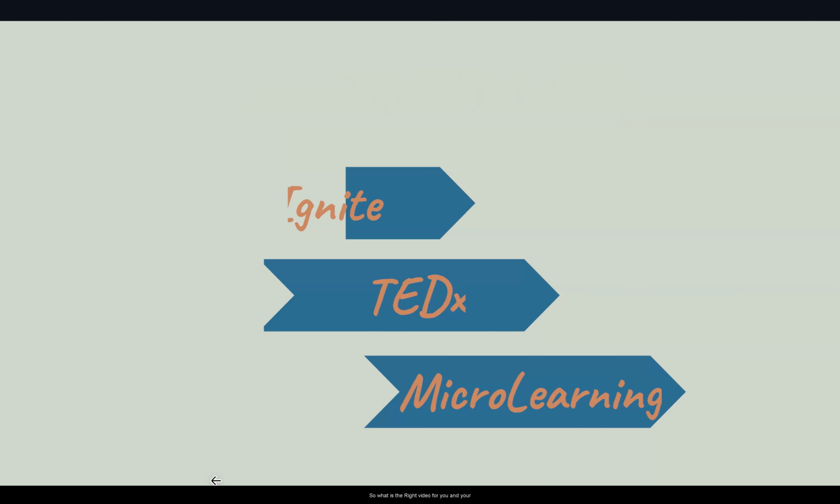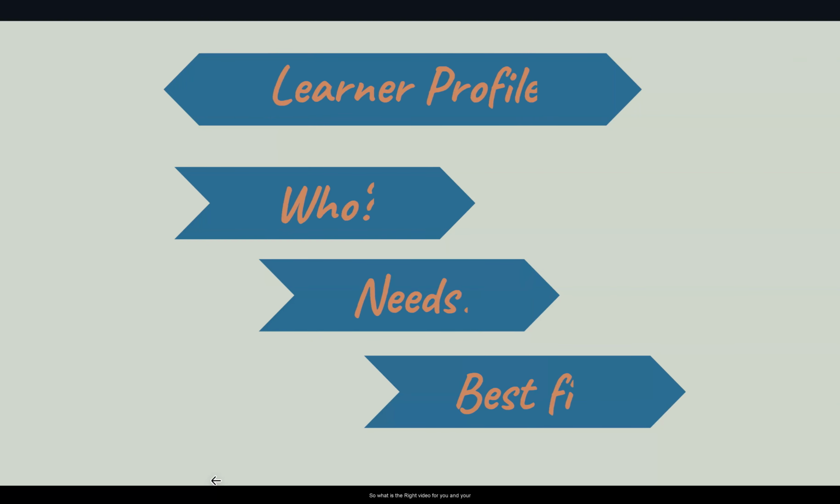So what is the right video for you and your audience? You're going to want to create a profile, and to determine that, you want to know who your learner is, what they need, and what is the best fit for those needs.